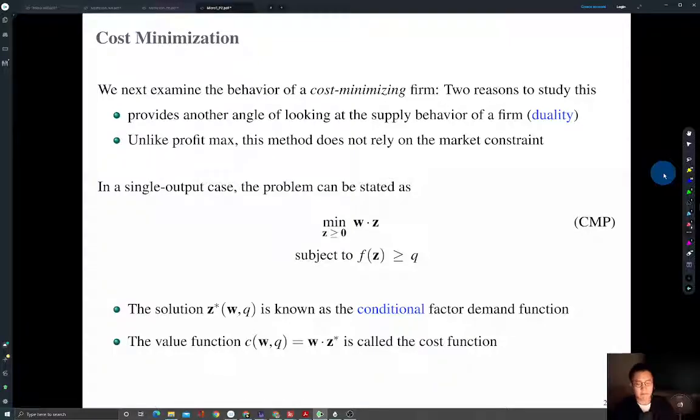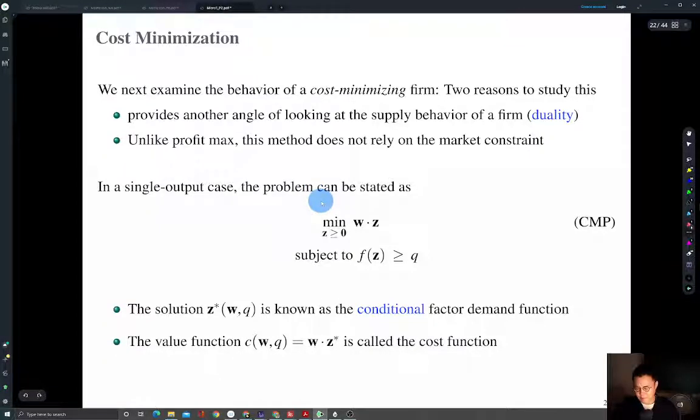Before giving you motivation about why we have to consider cost minimization separately from the profit maximization problem, let me first introduce the problem itself. The cost minimization problem has a very similar structure to the expenditure minimization problem.